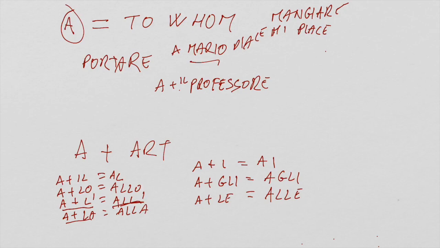So you have learned that the combination a plus il is al, and so it will be al professore piace mangiare. The professor likes eating. So you use the same combination, article and preposition, when you have common names with a piacere construction.